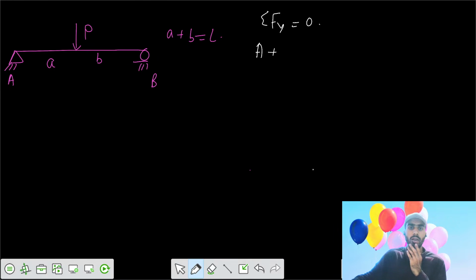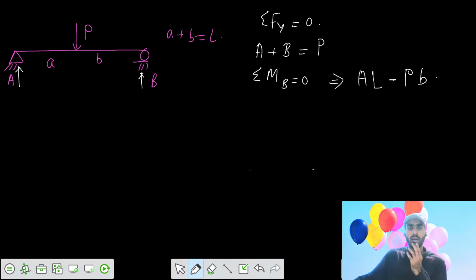So your vertical reaction at A plus reaction at B equals to load P. If the reactions are acting upwards, A plus B equals to P. By summation of moments, let's take moment at B equals to 0, which implies A into L clockwise, minus P into B, anti-clockwise, equals to 0. So your reaction at A becomes PB upon L.